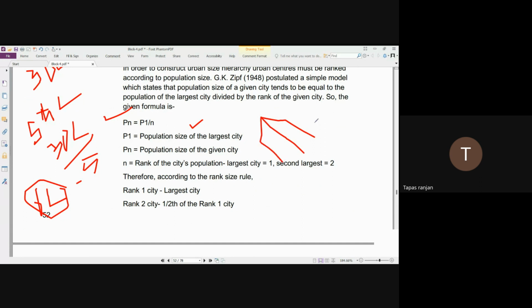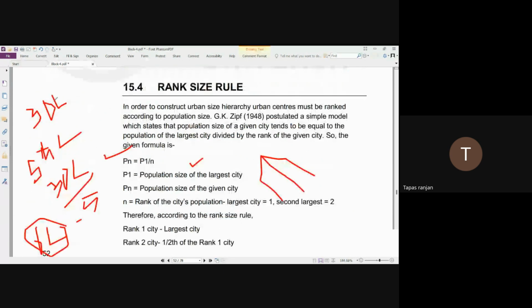In binary elements, what does that really mean? Maybe two large cities will be having a very large population. Let's suppose the largest city is having 30 lakh population, and the second largest city is having 29 lakh population. So this kind of situation is basically considered into the binary element.